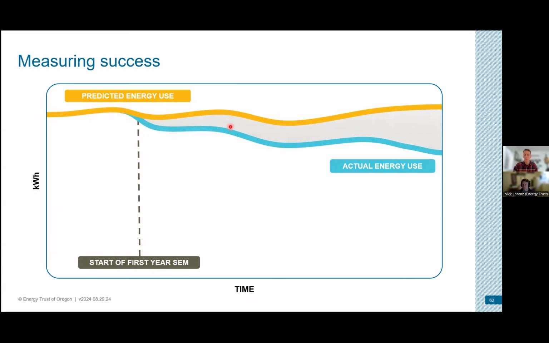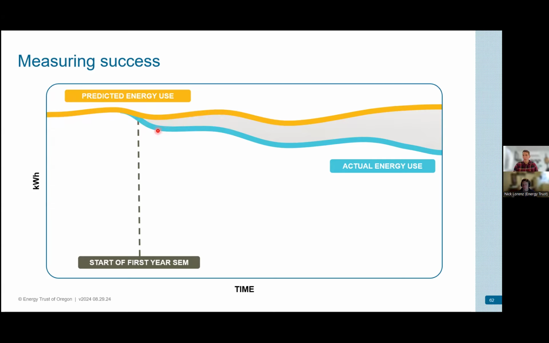And the difference between the two will be your savings. And the reason that happens is the predicted energy use reflects the energy use that would have been expected had you not joined the SEM program. That's why that stays consistent and up high. But again, once you get into the SEM program and you start completing projects, we expect actual energy use to go down.